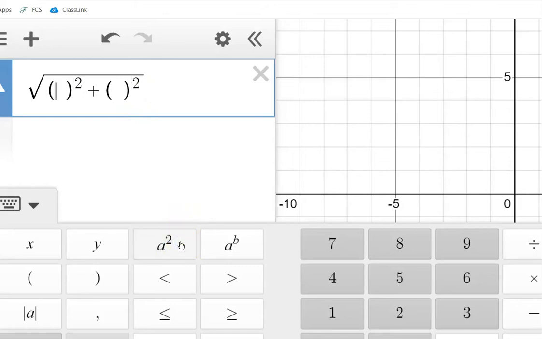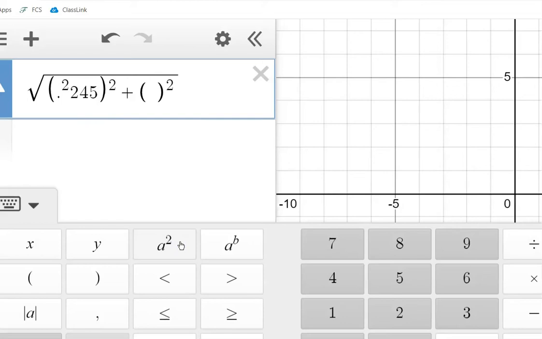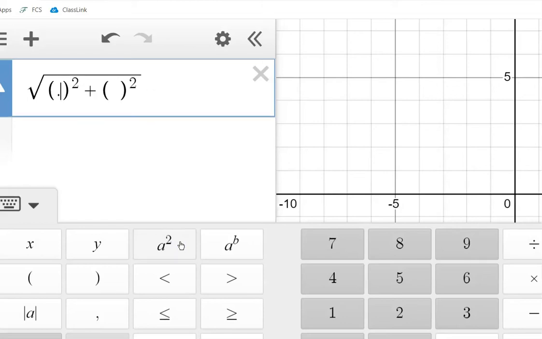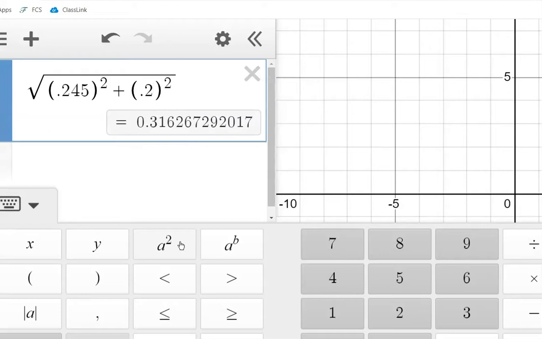All right, drop them in, 0.245. And 0.2. All right, so that gives us the standard deviation of the full 50 donut holes.